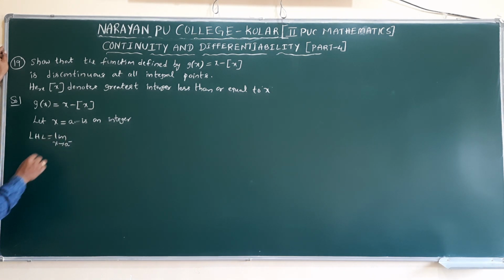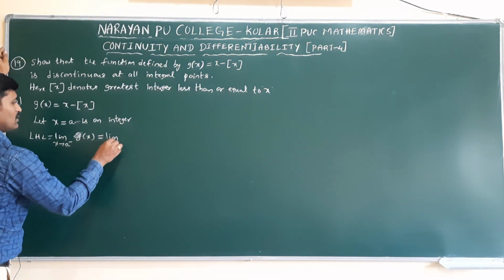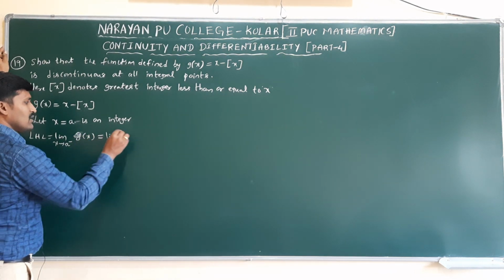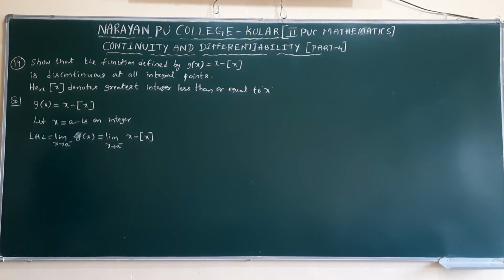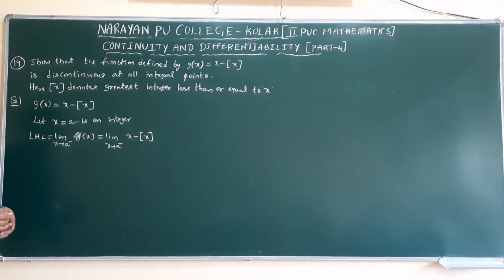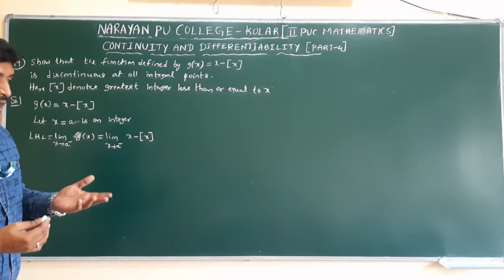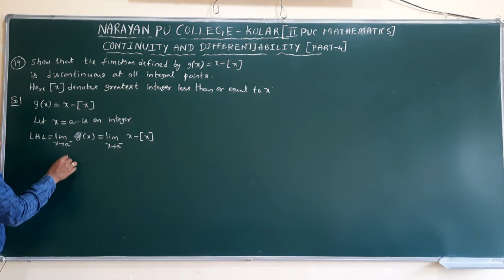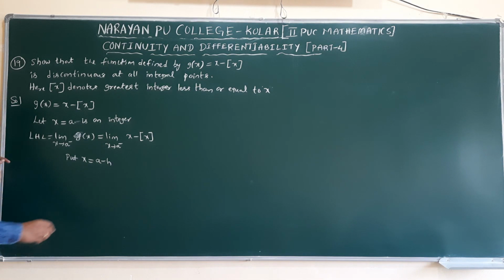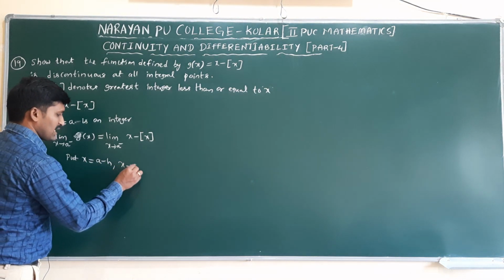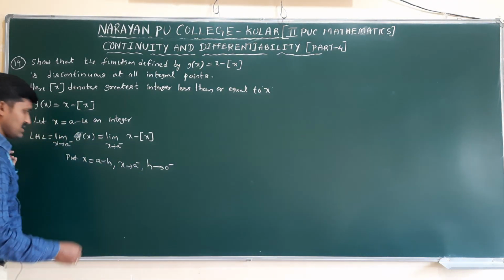limit x tends to a minus of g of x, equal to limit x tends to a minus of x minus [x]. Already I told, only in a few cases we need to take the left hand limit and right hand limit. For the left hand limit x is equal to a minus h and for the right hand limit it is a plus h. Here we need to replace x value by a minus h. When x is a minus h, x tends to a minus, h tends to 0 minus.